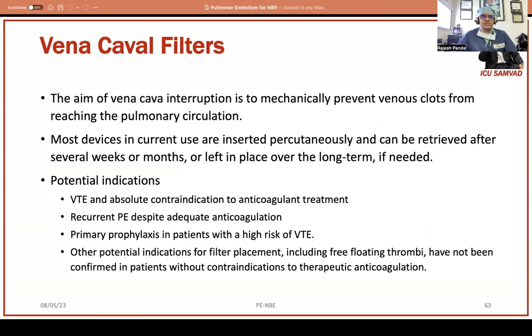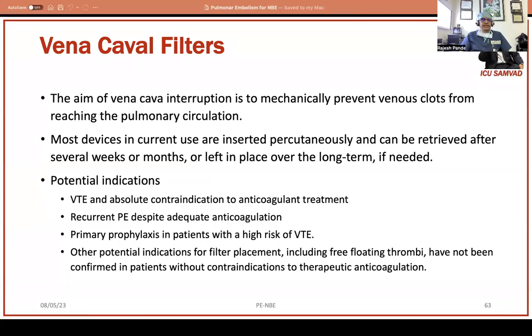Vena cava filters: the idea is to interrupt the vena cava and prevent venous clots from reaching the pulmonary circulation. Most of the filters that we use are inserted percutaneously. They can be retrieved after several weeks or months, normally after 3 weeks in the usual kind of pulmonary embolism, or they can be left in place long term if the patient continues to be at high risk for recurrent pulmonary embolism.